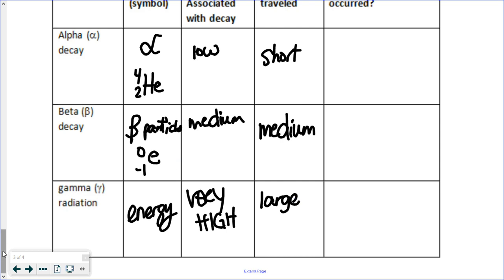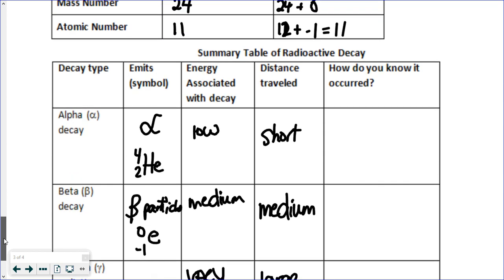How do you know that each of these occurred? Atomic mass decreases by 4. And again, that's because the number of protons and neutrons in the daughter material is 2 less than the parent material.